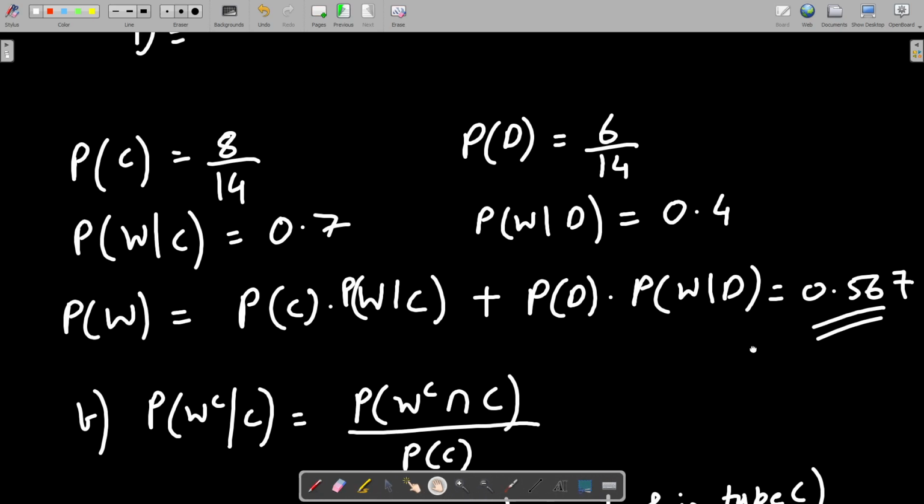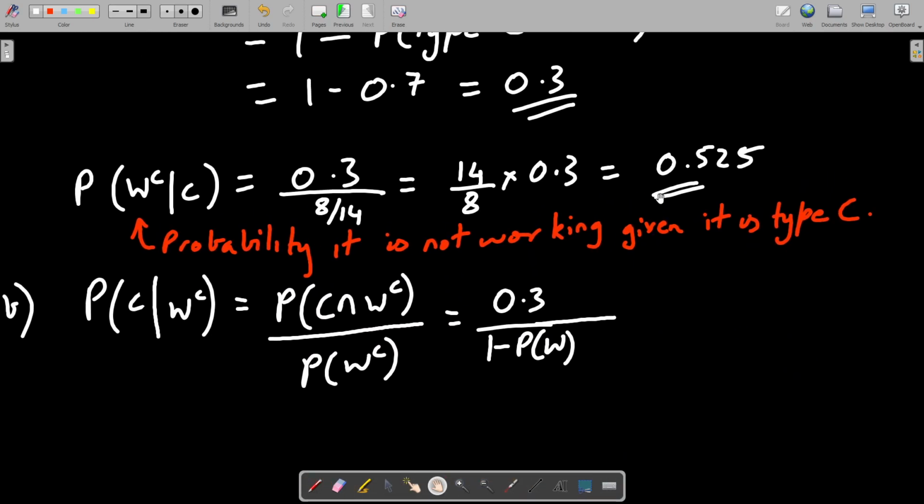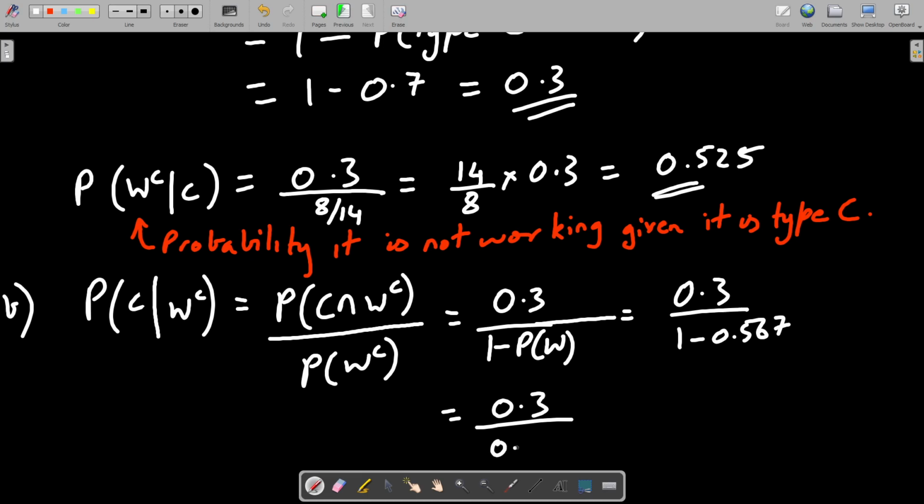This was the part in question A. Probability of W is 0.567. So it is 0.3 upon 1 minus 0.567. Do this calculation on the calculator if you want. 0.433.